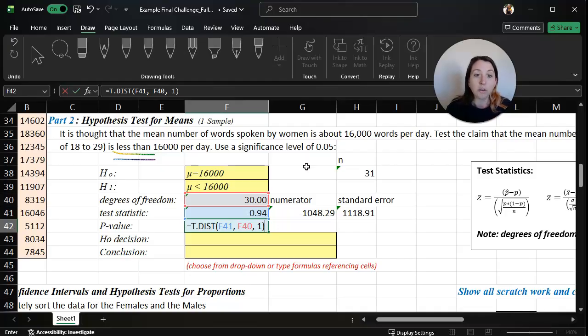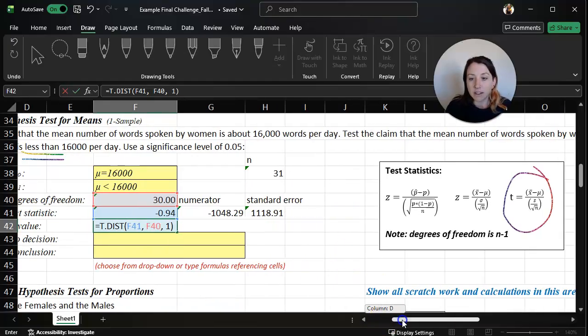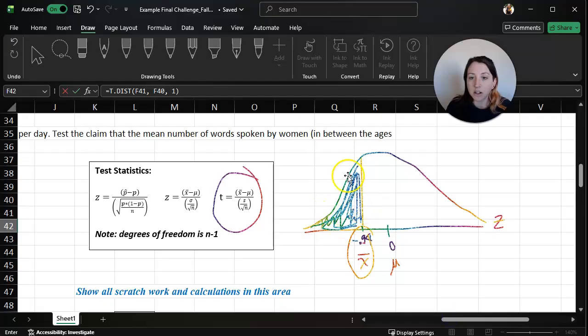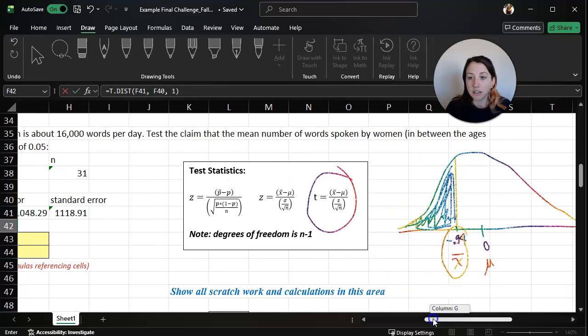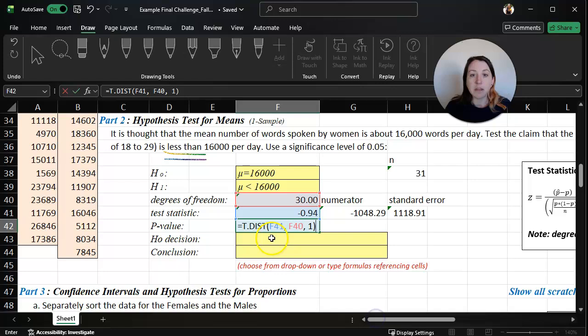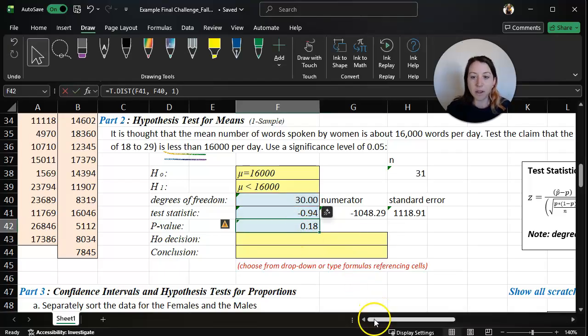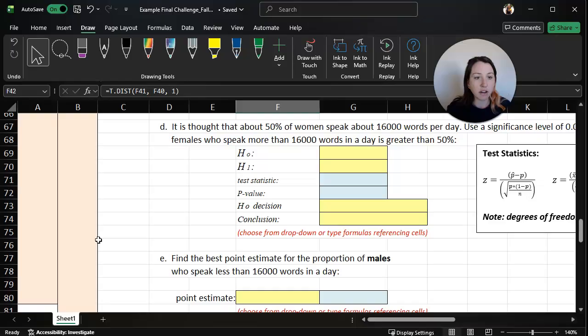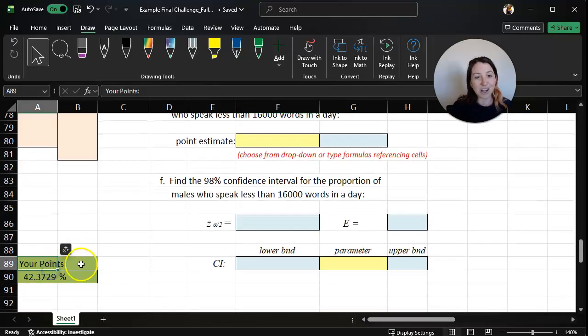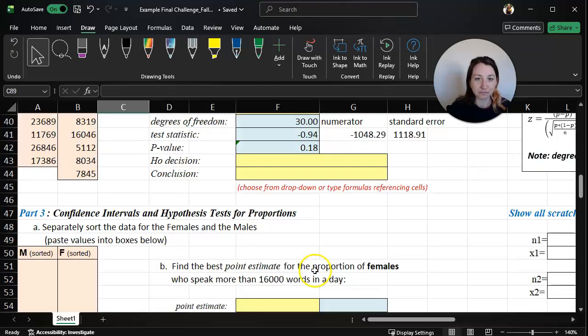We're finding the area to the left of our test statistic here, and because it's to the left, we don't have to do 1 minus. That would find the area to the right of something. So we can leave it like this. Okay, so we get 0.18. If I scroll down, let's check to see. And it did go up. So our score is increasing, which means that was correct.